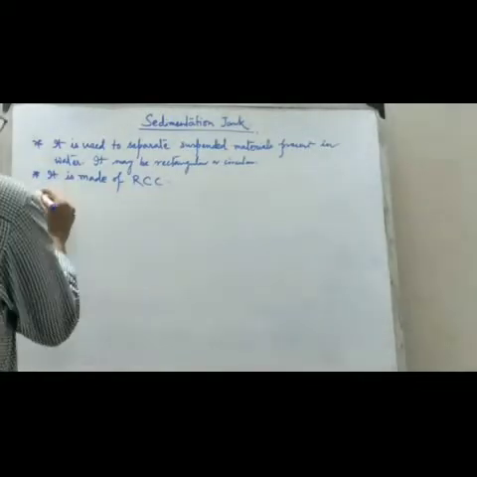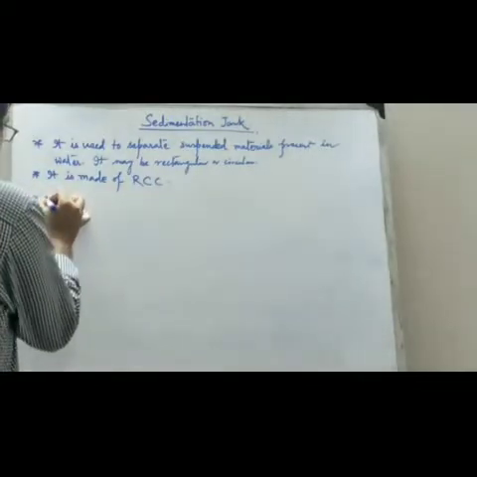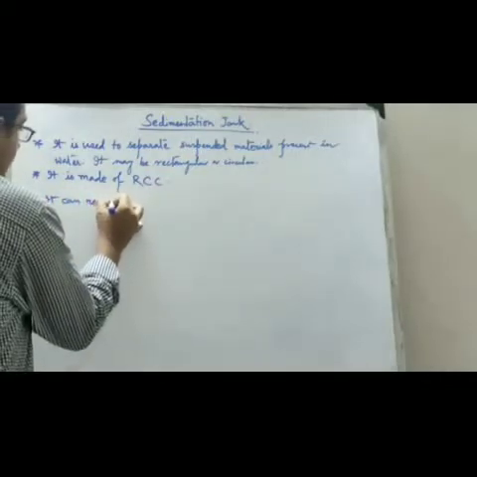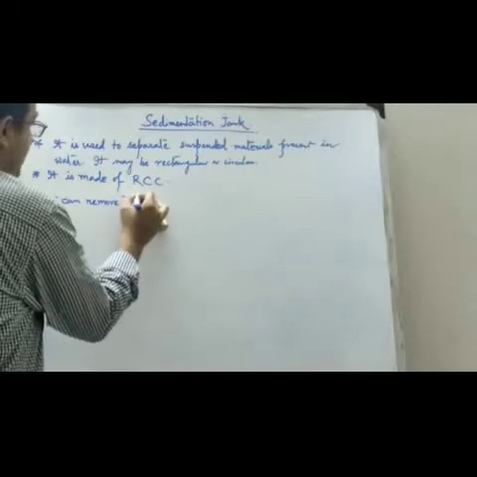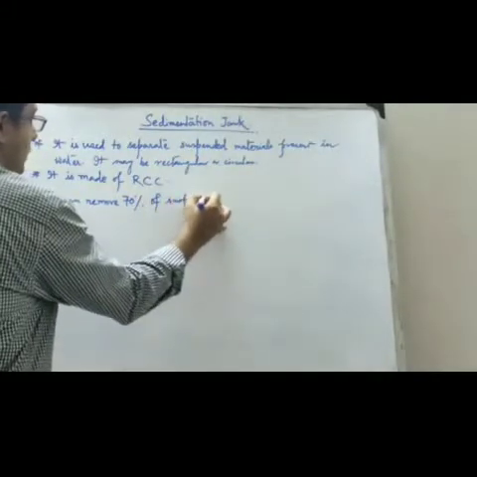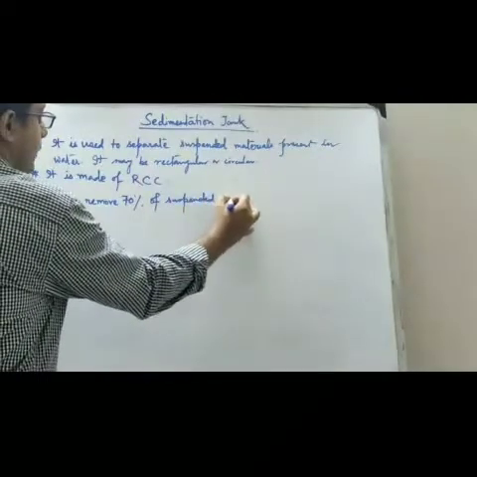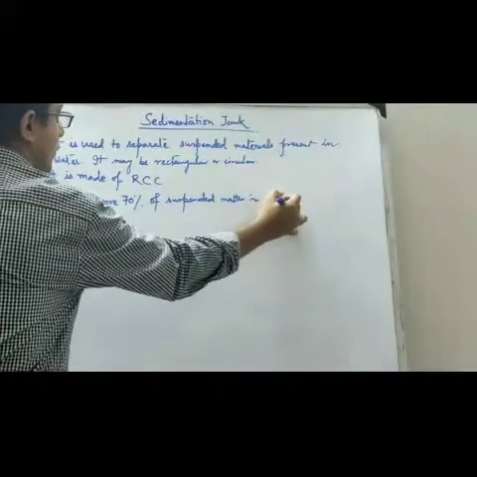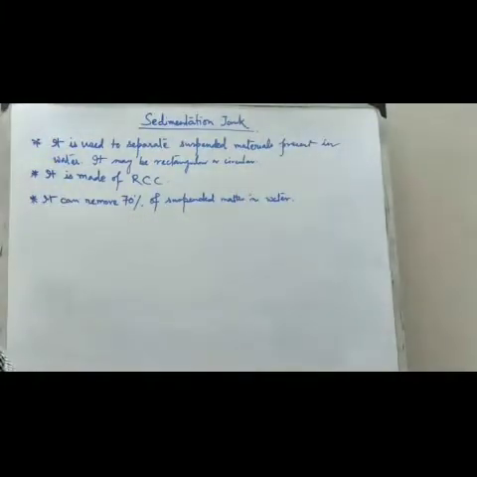So please write down the next important thing, that it can remove 70% of suspended matter in water. This is very important, that it can remove 70% of the suspended matter from the water.